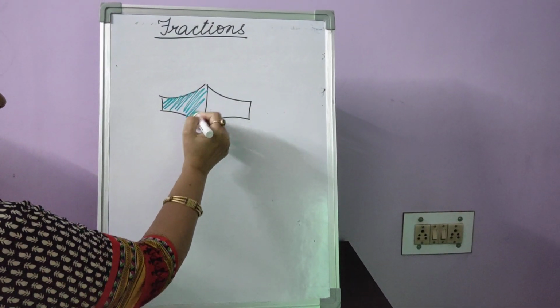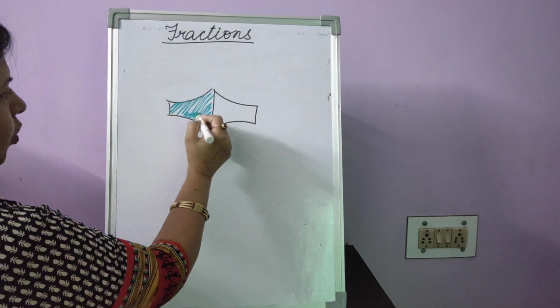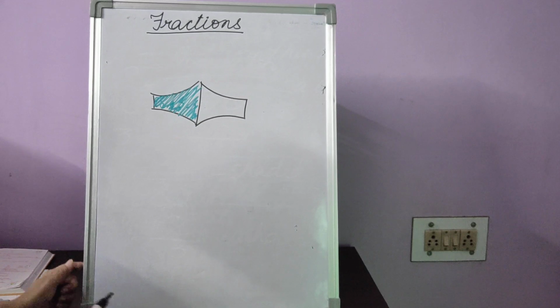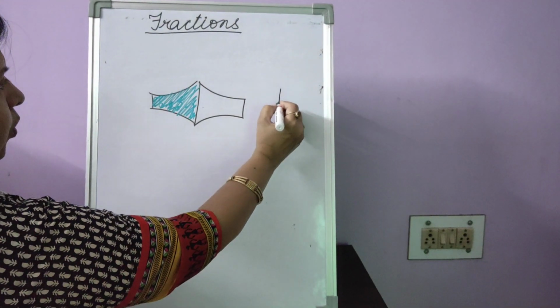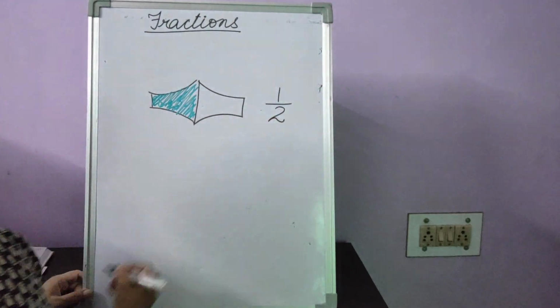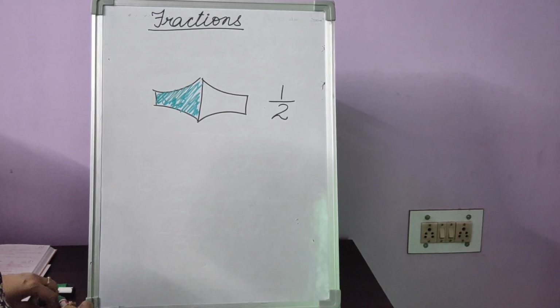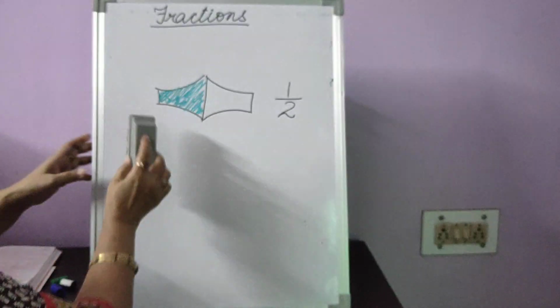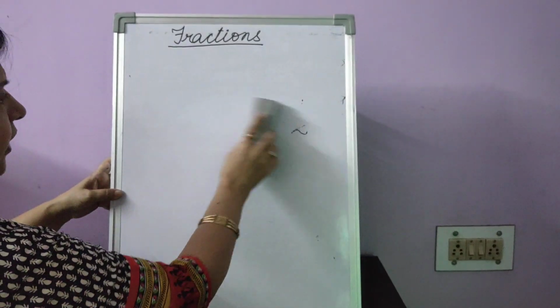Using a very light hand, just color the whole thing. And after you finish coloring, write in front of it the fraction 1 upon 2. Okay? This is regarding the figures where you have to find out the fraction for the shaded part, and the fraction for the unshaded part.